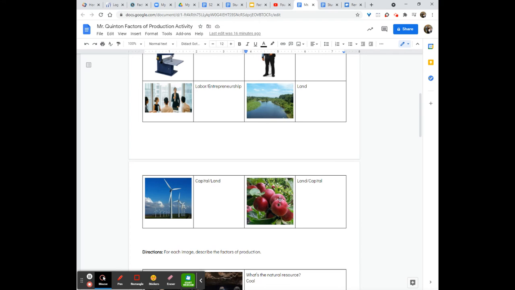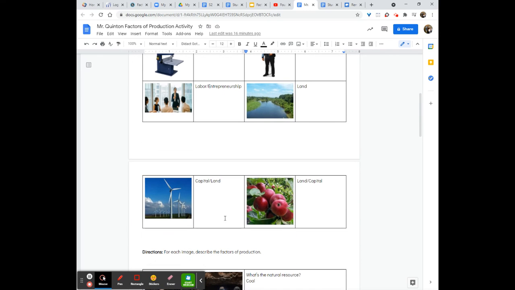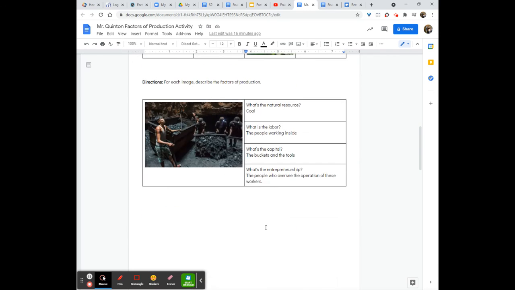And again, here, your land that's growing your natural resource would be correct. You could also argue that this is the stuff that people are using to make a product of some kind, right? If we have apples here, or maybe those are tomatoes or something, then maybe they're getting used for a product or a good. So sometimes it will just be one thing. Sometimes it might be two things, and that's okay.